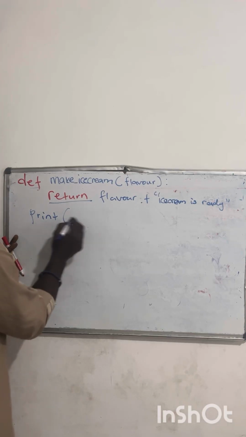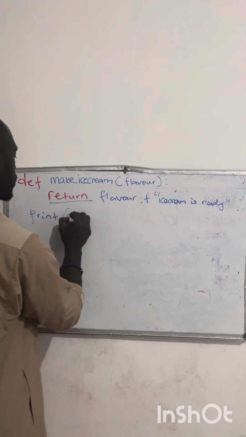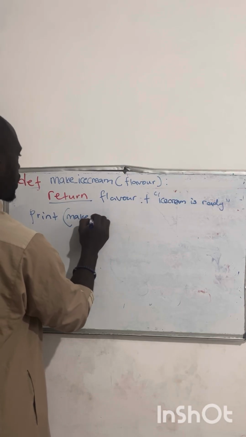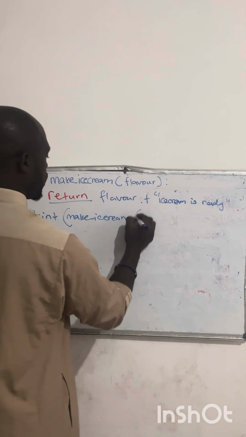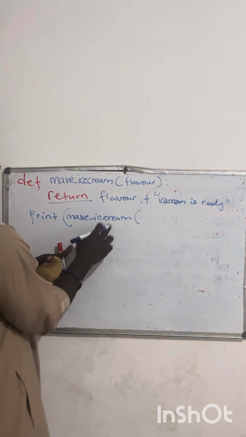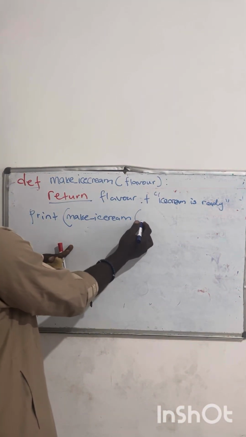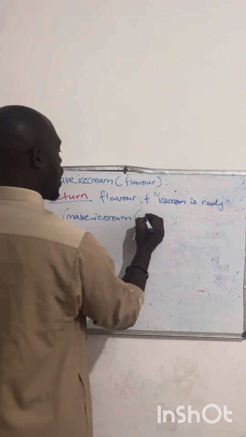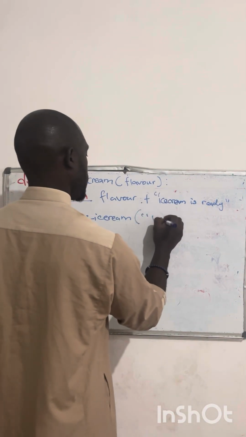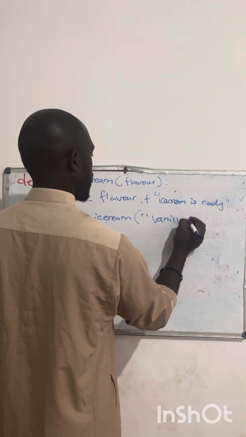So we shall say print the function name, which is make ice cream, and inside here is where we're going to put our argument, that is the flavor that we want. So we can say print make ice cream, and the flavor can be vanilla.